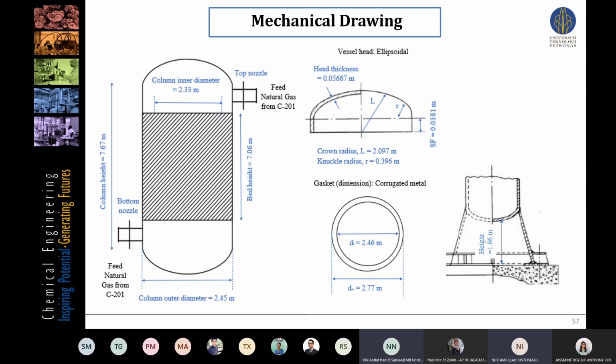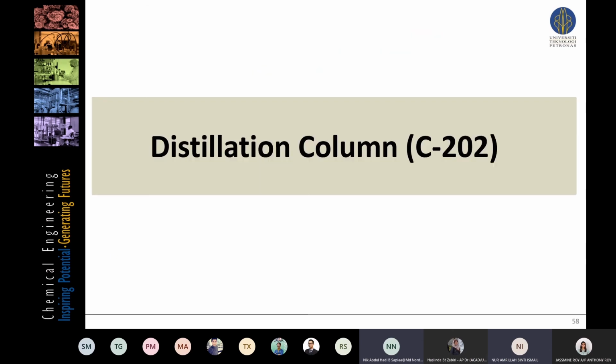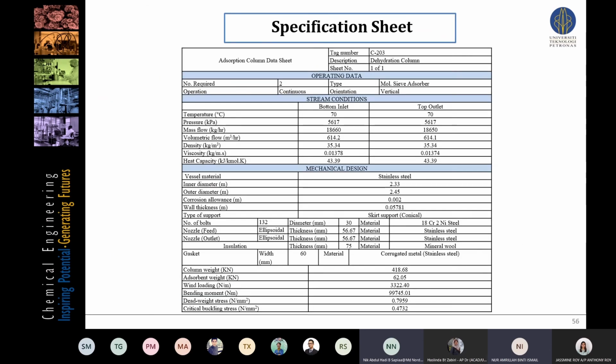Inner diameter is 2.33. Where is the height? My height for the bed is 7.06. That will make your volume somewhere around 30 meter cube for the absorbent, but the total height of the vessel is 7.6, so the volume of the vessel is 32.7.